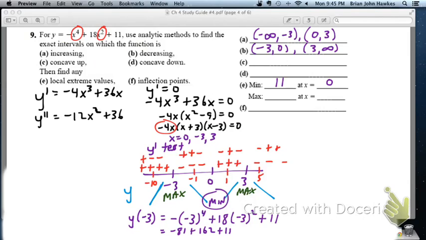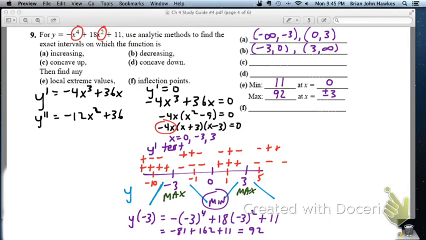Negative 81 and 162 gives 81, and 81 plus 11 is 92. So when x is equal to negative 3 and when x is equal to positive 3, we have a local maximum value of 92. That occurs at x equals plus or minus 3.